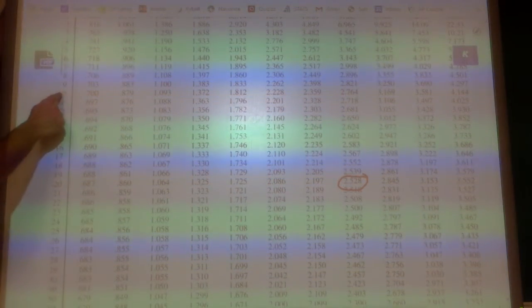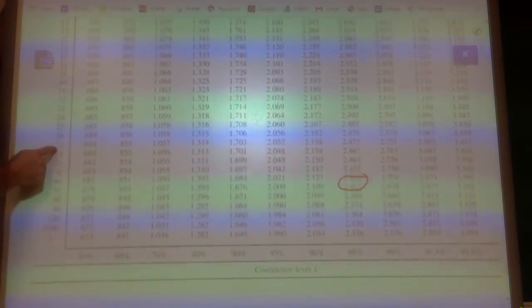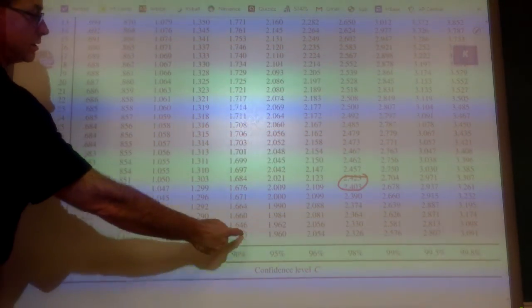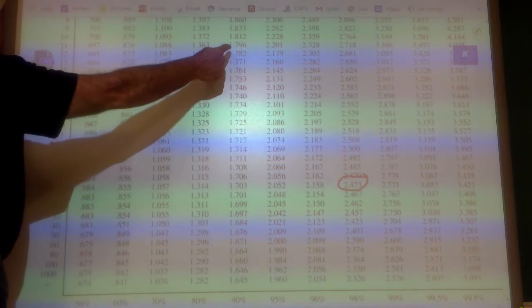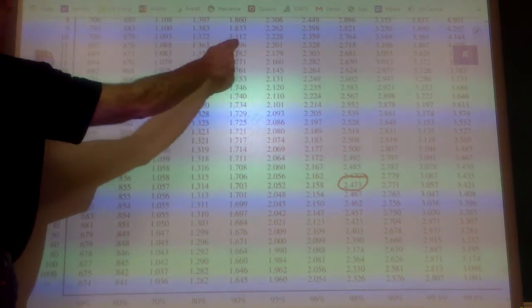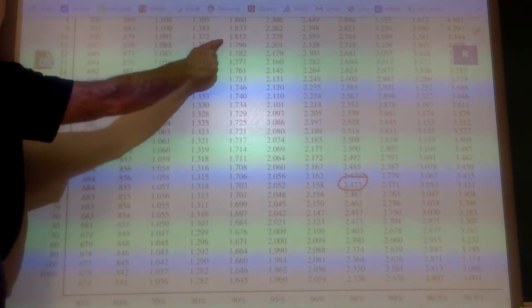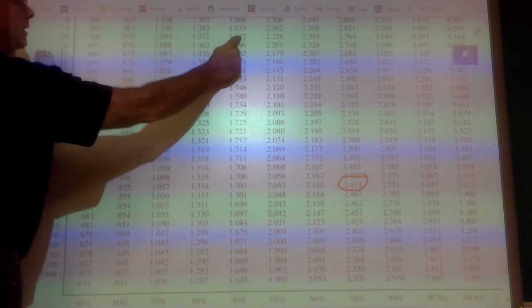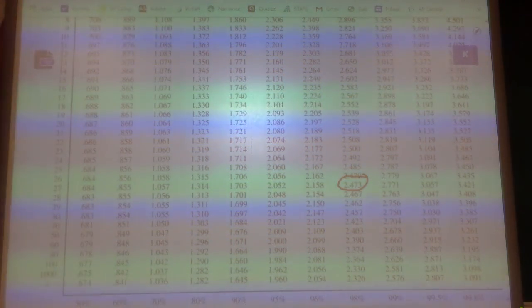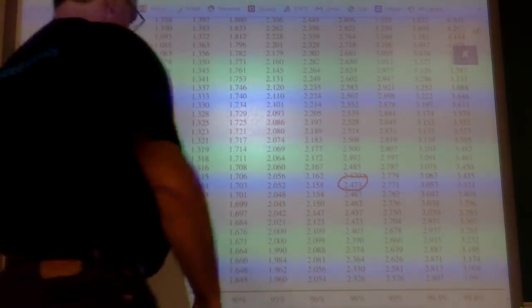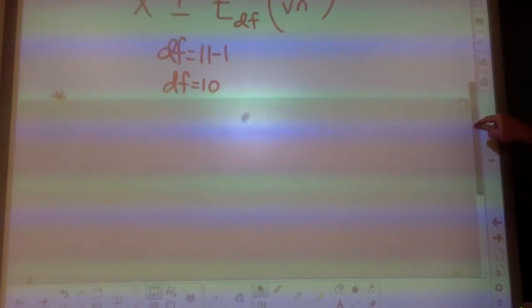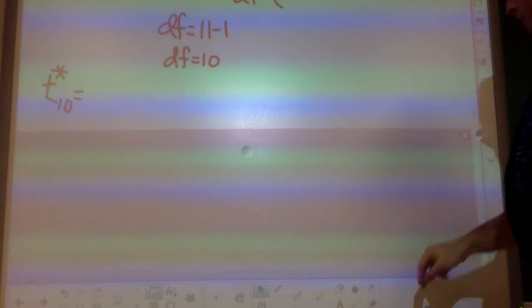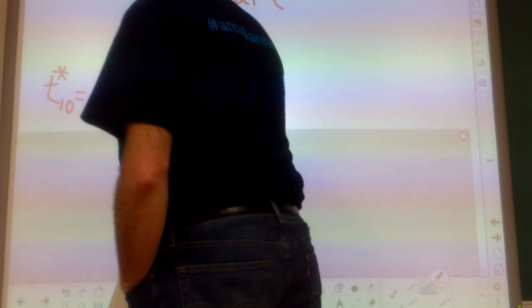Degree of freedom of 10, 90% confident, 1.812.